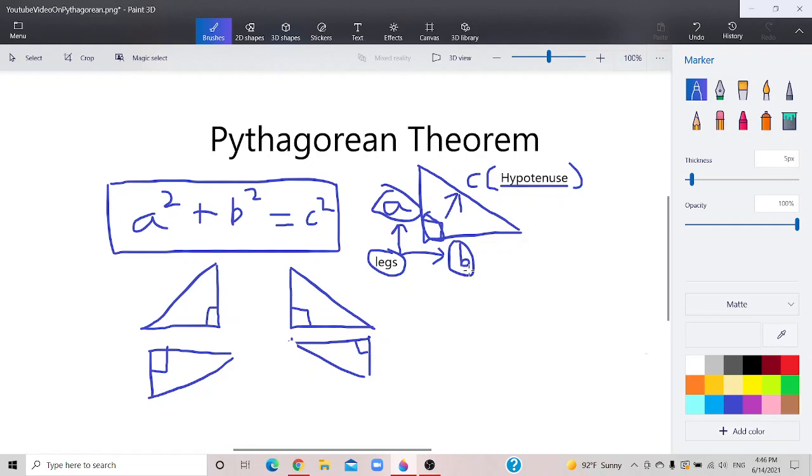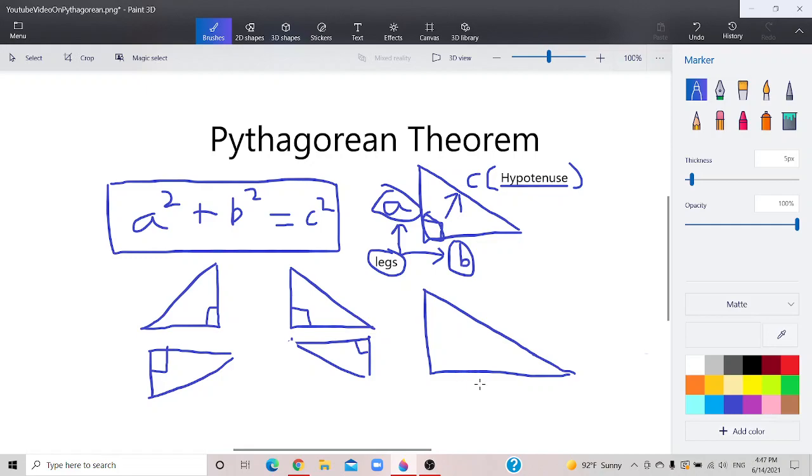Okay, now that we've discussed the sides and what their names are, let's do an example problem. So let me just sketch out a right triangle here. Okay, so let's say we know what A and B are.